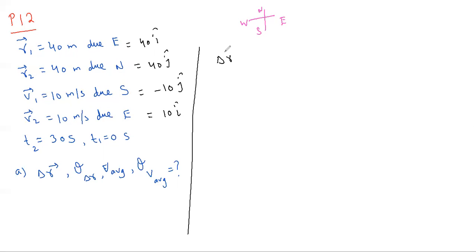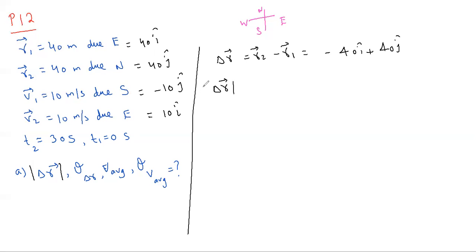So delta r will just be equal to r2 minus r1. So this will be minus 40 i hat plus 40 j hat. I'm not going to write the units, but you know what these units are. And you have to calculate the magnitude of delta r, I forgot.